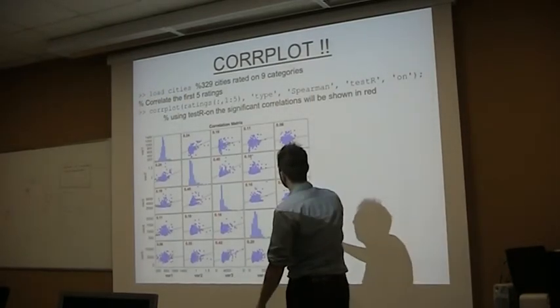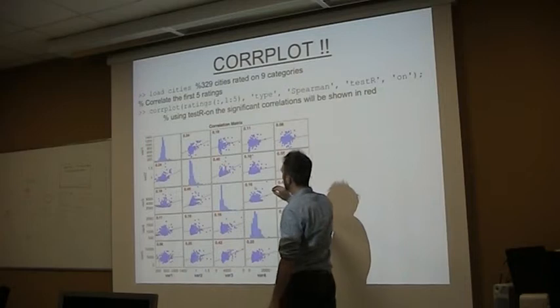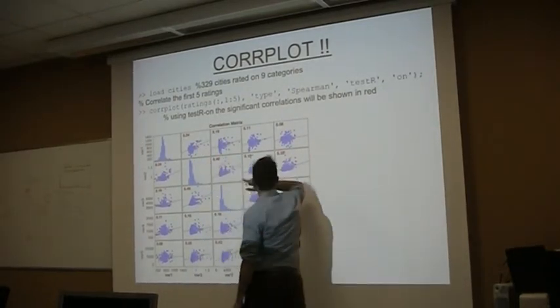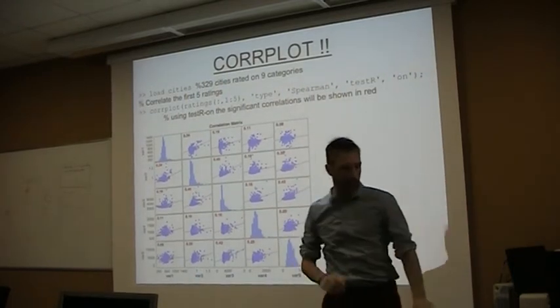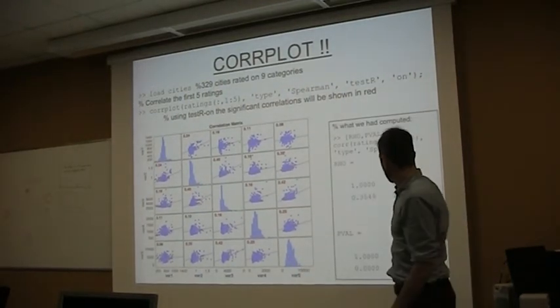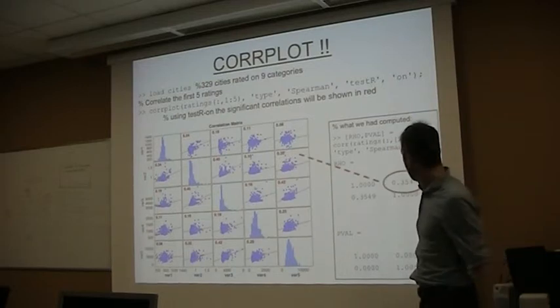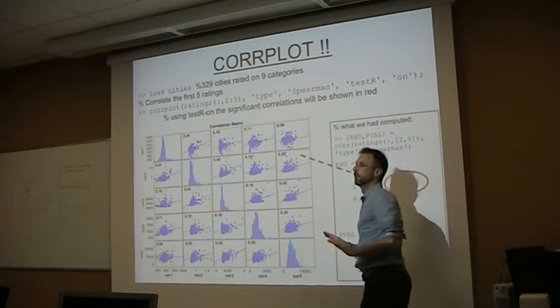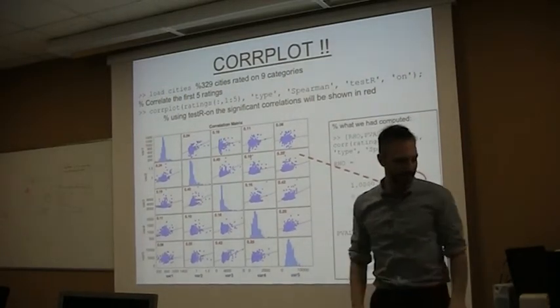So that would be the same stuff, but looks much better, and it does a regression line and it tells in red which one is significant. This is the one we looked at before, and this is what we had computed before. And here's 0.35, this is 0.35, so it works and it's the same.